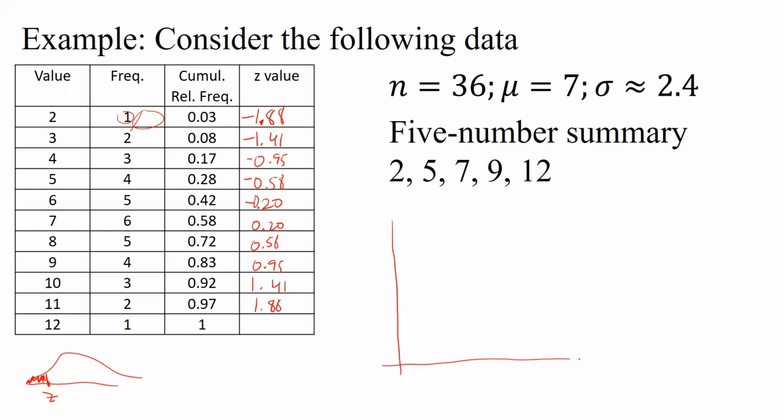I'm going to make myself a graph here. On this axis, I'm going to have the Z values, and on the y-axis, I'm going to have the raw scores, right? So we're going to go up to 12. So that's 3, 6, 9.